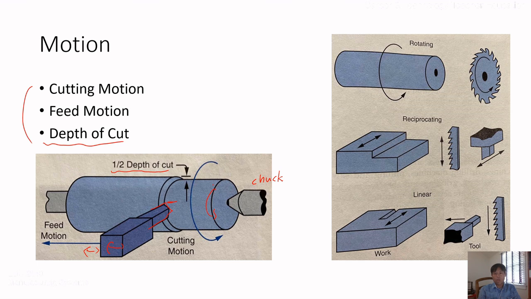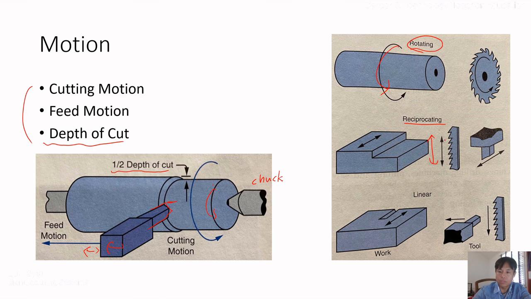And then for the cutting motion, there are three types of motions. The first one is rotating motion. This is rotating the work, the material. The second one is reciprocating, which means moving back and forth.